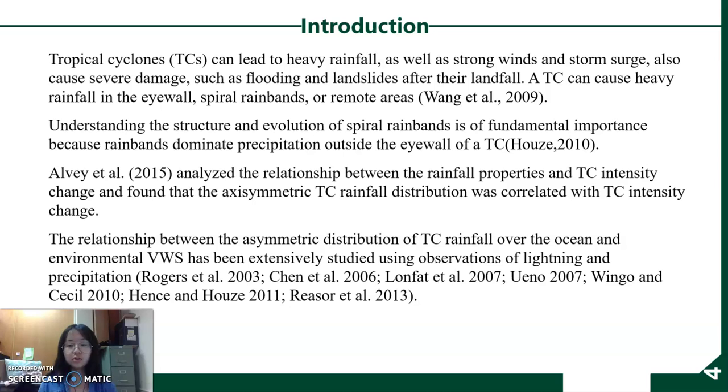Previous studies also pointed out that asymmetric rainfall in a landfalling tropical cyclone may be influenced by not only the environmental vertical wind shear, but also the TC motion, non-uniform surface characteristics, such as land-sea contrast, coastline, and topography, and mesoscale convective activities.